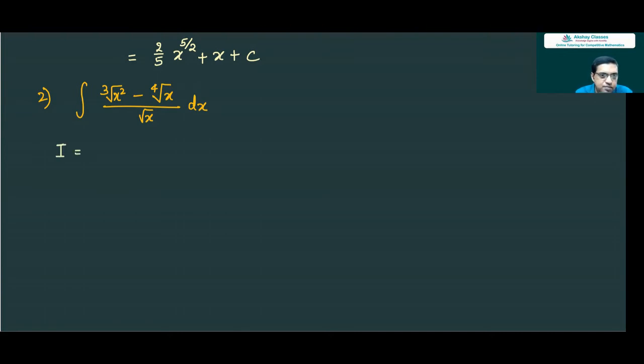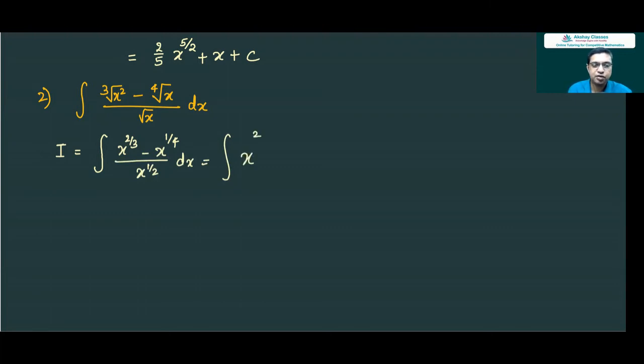Same as before, we'll simplify the numerator into two parts, then take x to the power and use the formula. So we have (x^(2/3) − x^(1/4)) divided by x^(1/2).